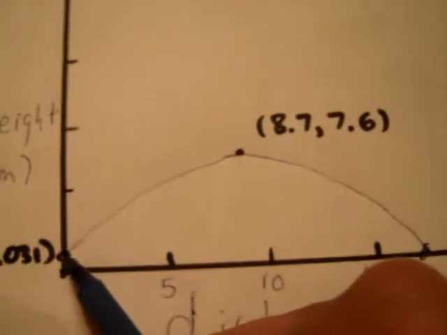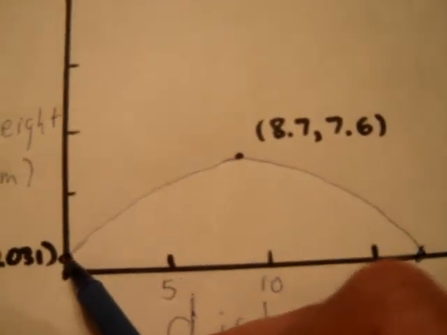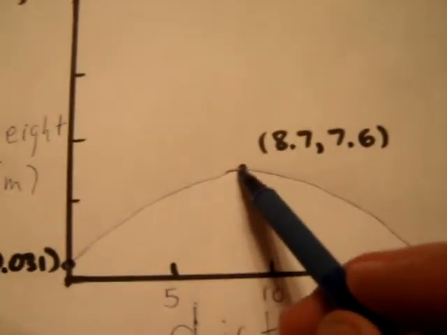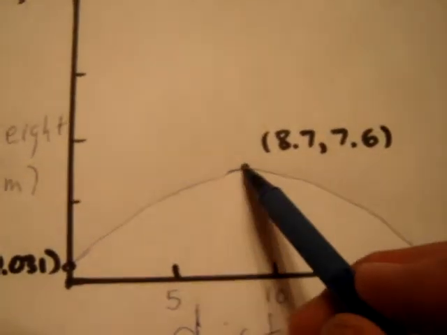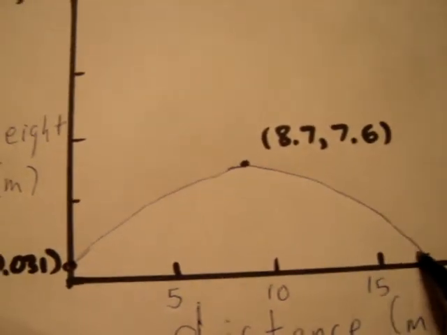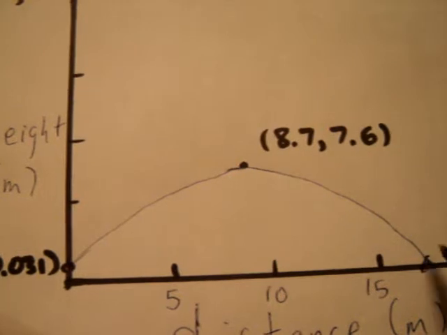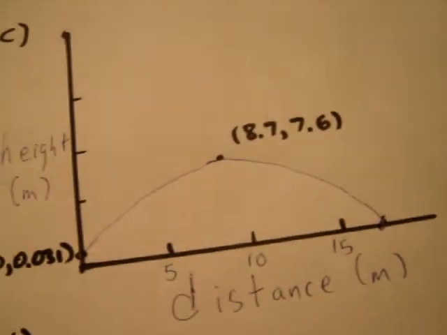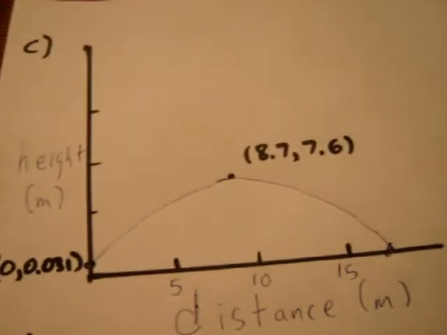So the football's path can actually be expressed by this parabola where the football goes up, and then once it reaches a certain distance, its height, of course, has to start to decrease where the football player on this end catches the ball. So that is a real-life example that uses a quadratic relationship.